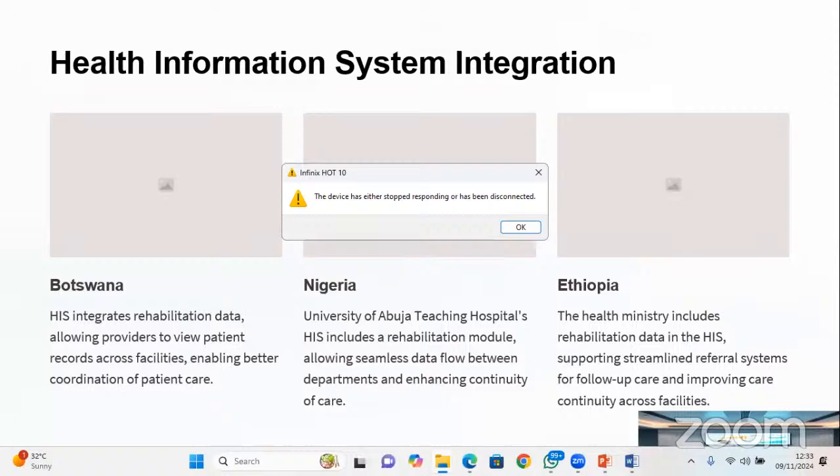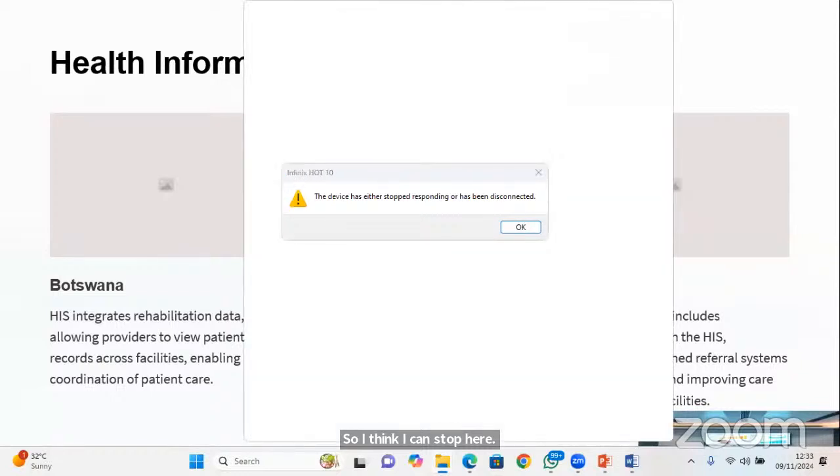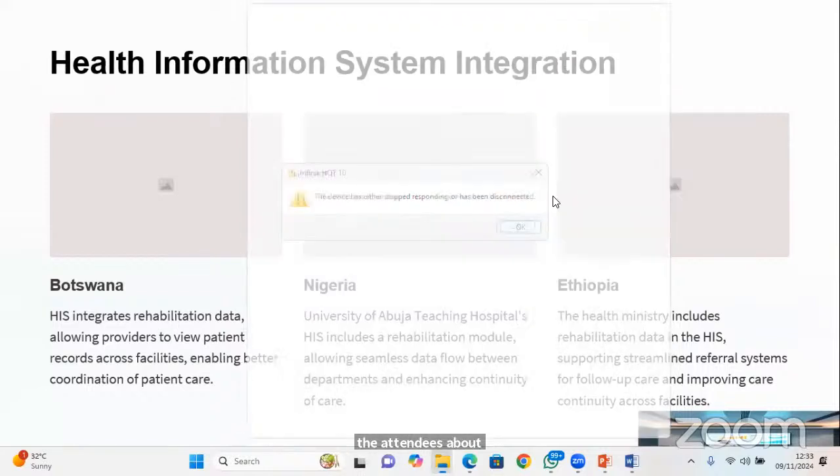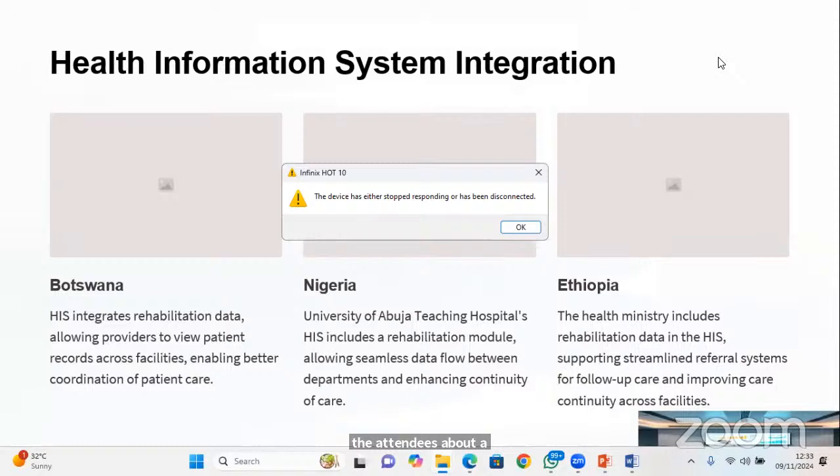So I think I can stop here and get feedback from the attendees about the workshop generally, and what they feel about monitoring and evaluation of rehabilitation services.